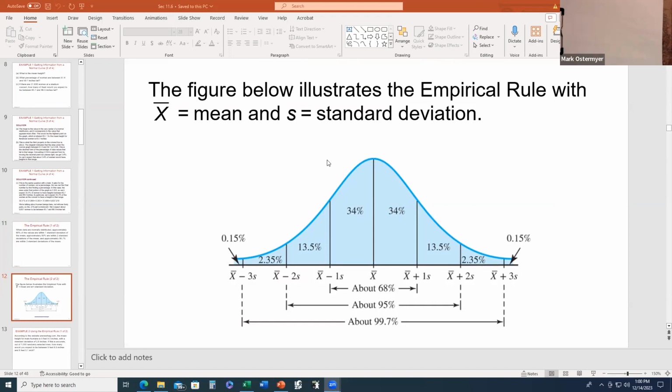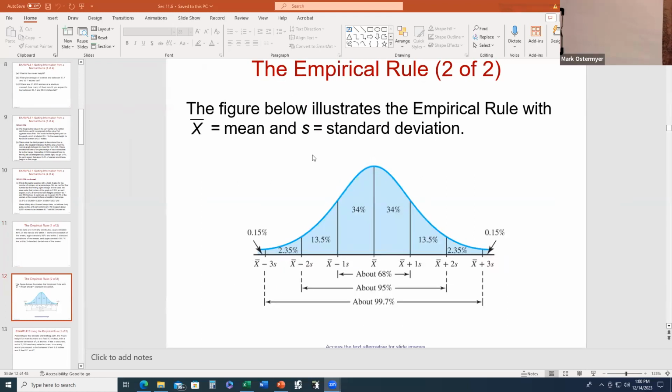It is called the empirical rule. Sometimes it's called the 68%, 95%, 99% rule.